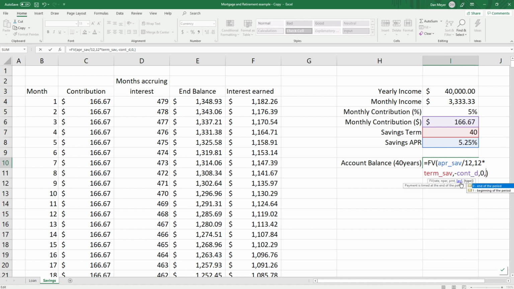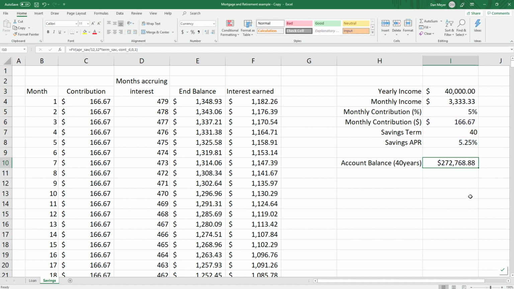Then the type: 0 is the default, at the end of the period. If we wanted to make our payments at the beginning of the period, that means we'd be earning a little bit more interest. The value doesn't change too much.